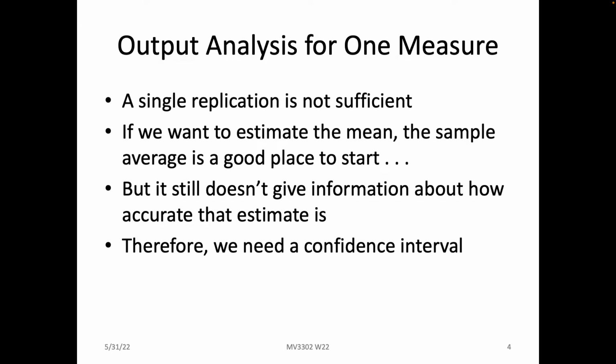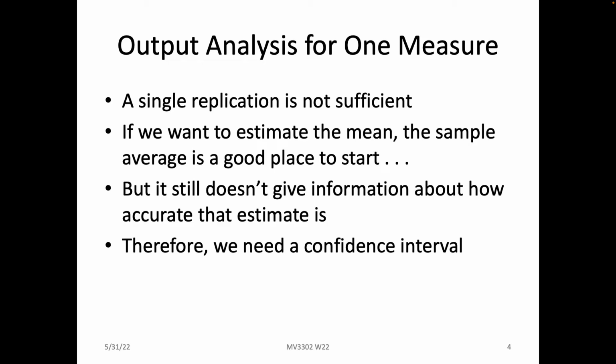Okay, so we're going to focus on just one measure, and if we have more than one measure, we could apply it to whatever ones that we want. We agree that a single replication is not sufficient. Now we're going to talk mostly about the mean, but understand that that's not the only thing that we might be interested in.